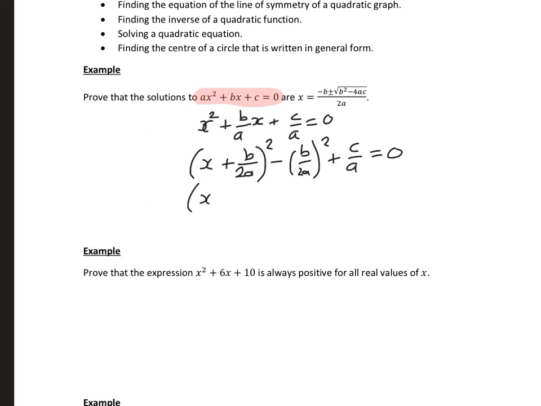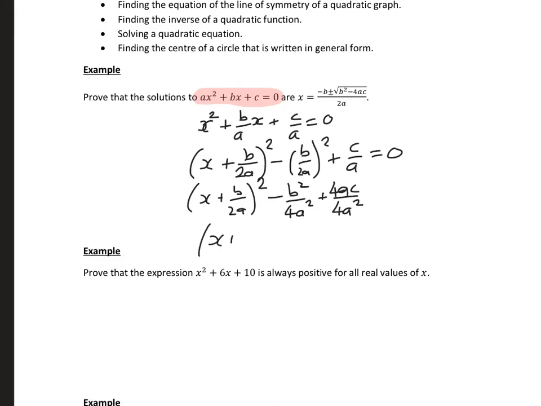So I get x plus b over 2a squared, take away b squared over 4a squared, plus, now this bit here, it's c over a, but if I want 4a squared on the bottom as well, so I've got a common denominator, I need to times the bottom by 4a, so I need to times the top by 4a, so I get 4ac. So hopefully it's starting to look a bit like the quadratic formula.